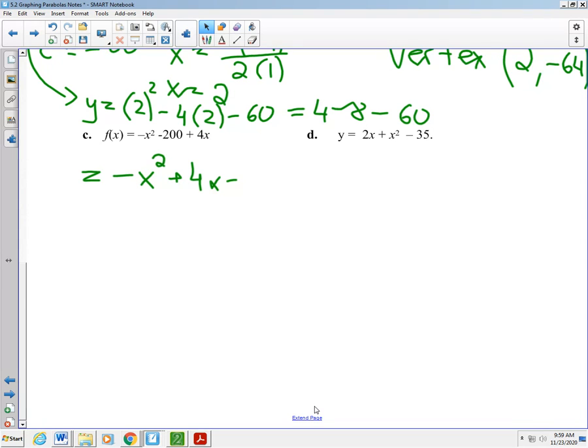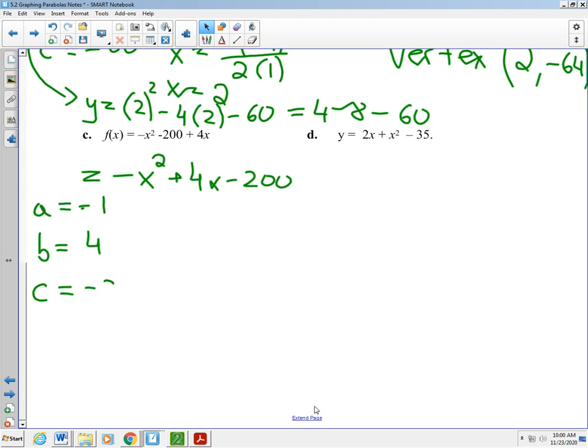Okay? So in this case, a is equal to negative 1, b is equal to 4, and c is equal to negative 200. Okay?